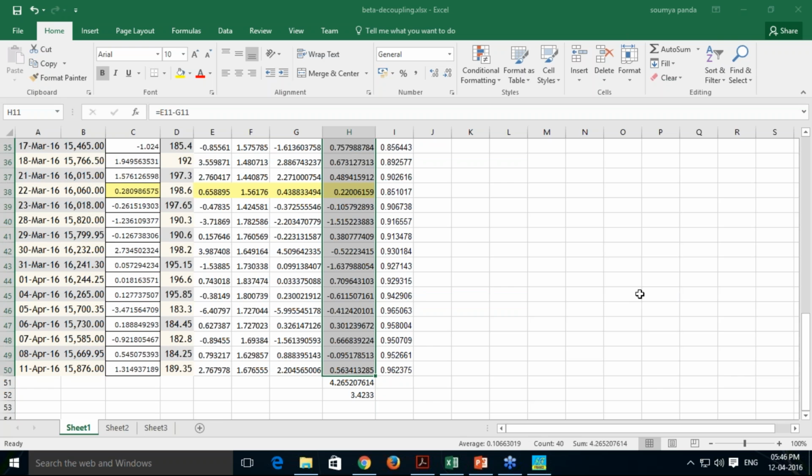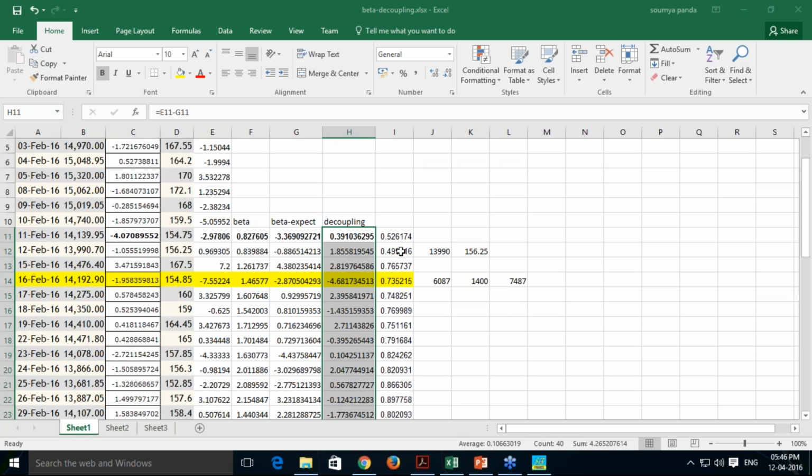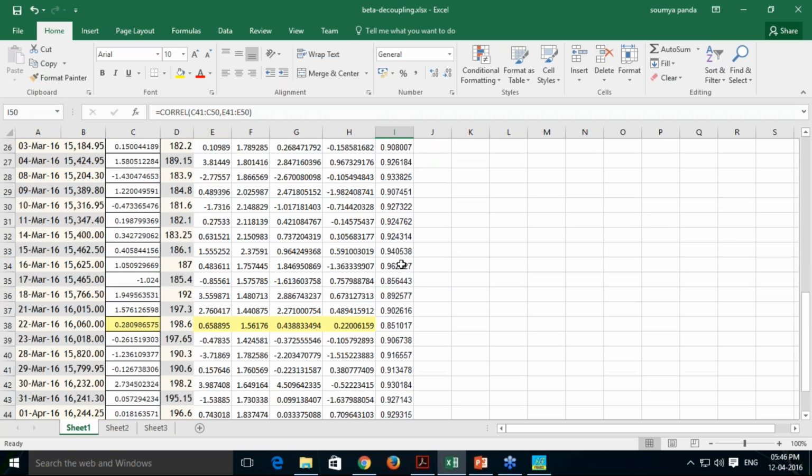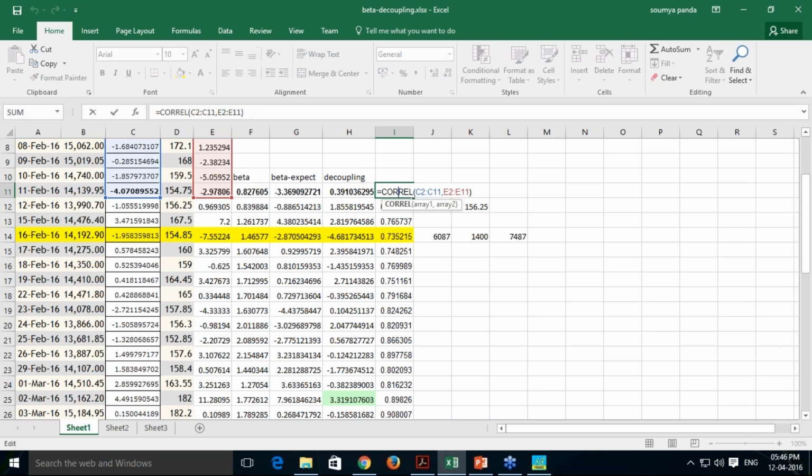So here we have to fine-tune this particular method. For that I have taken one more factor, which is called correlation. Correlation says how far they are related to each other. First, beta said sensitivity; correlation says the relation establishment, so how far their decoupling will be valid. Correlation is a parameter that moves from -1 to +1.